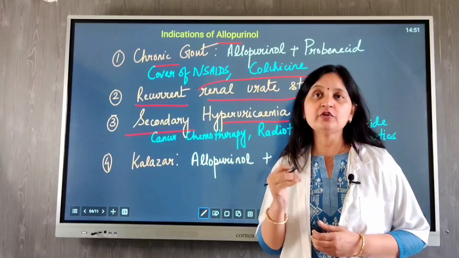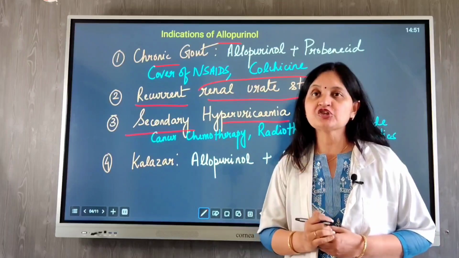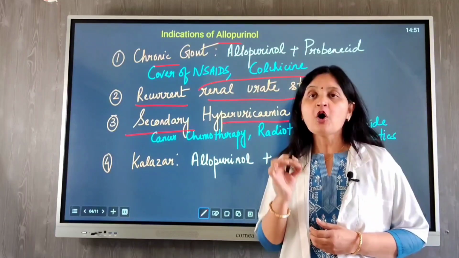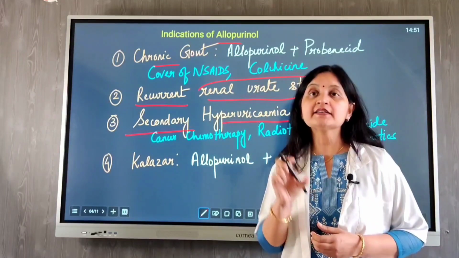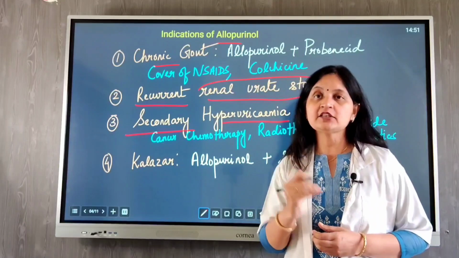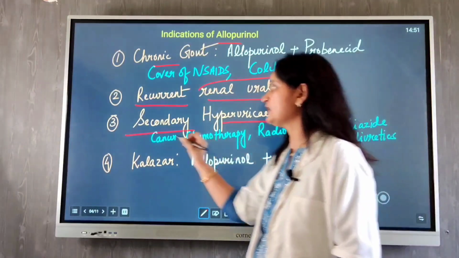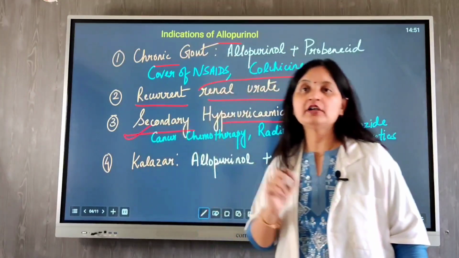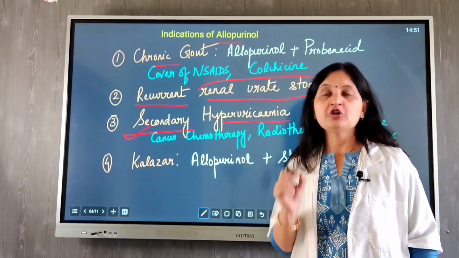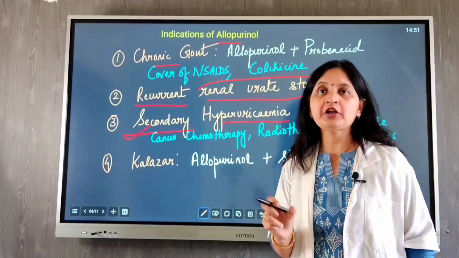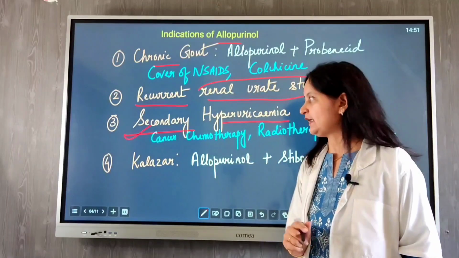This raises the uric acid level, and these are conditions of hyperuricemia. Also there are certain drugs such as thiazide diuretics that raise the uric acid levels, and these are conditions of secondary hyperuricemia where allopurinol can be used as a treatment. So allopurinol in the treatment of secondary hyperuricemia.